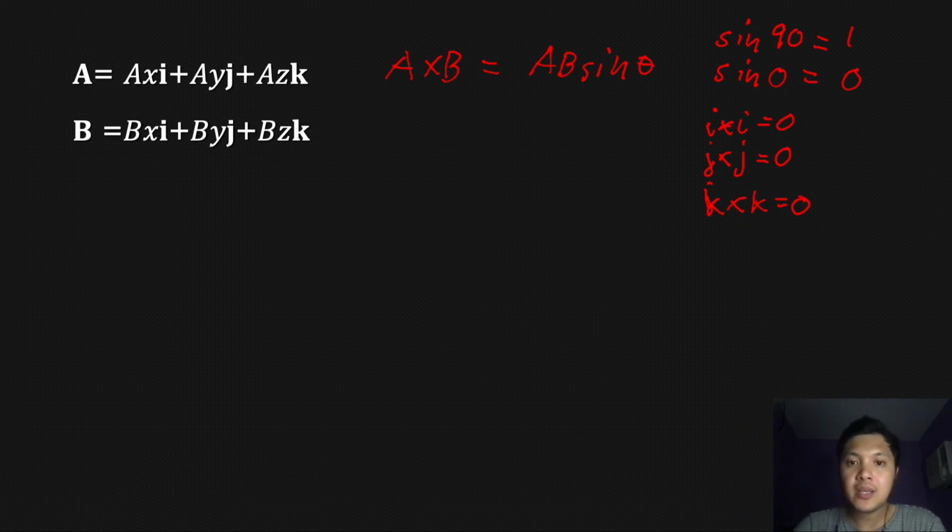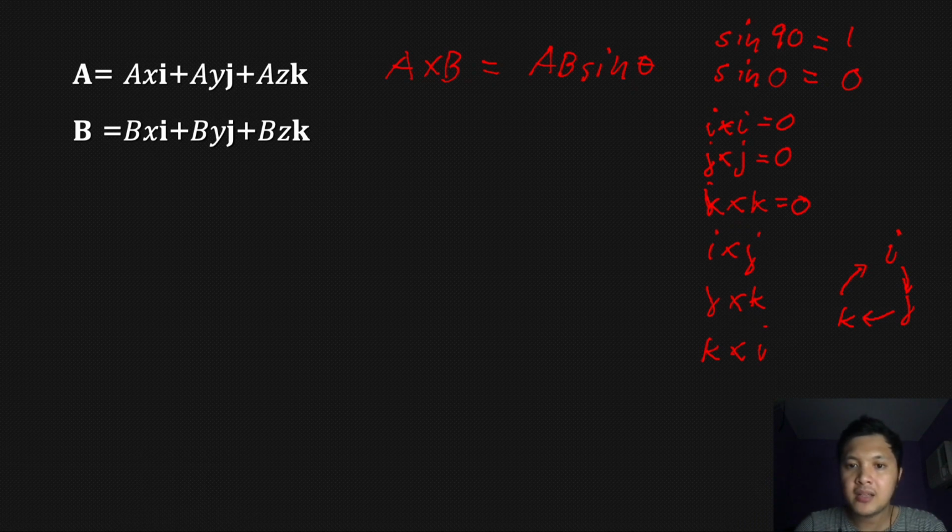Now what if we have I cross J, J cross K, and then K cross I? Remember this rule. If we have I, J, and K, the sequence should always be like this: IJ, and then JK, and then KI.